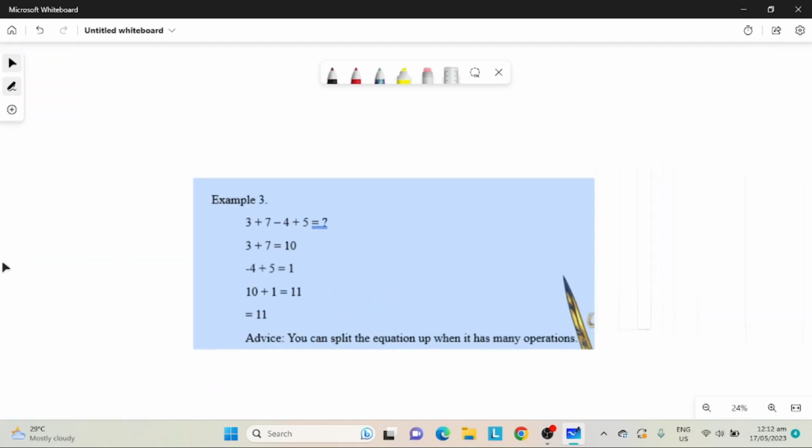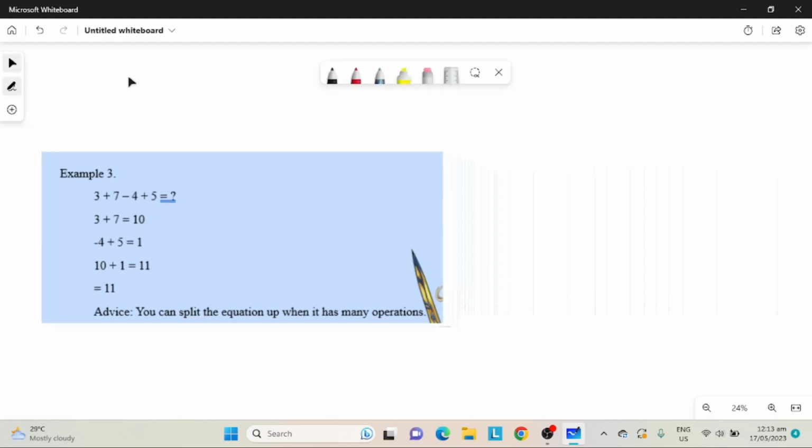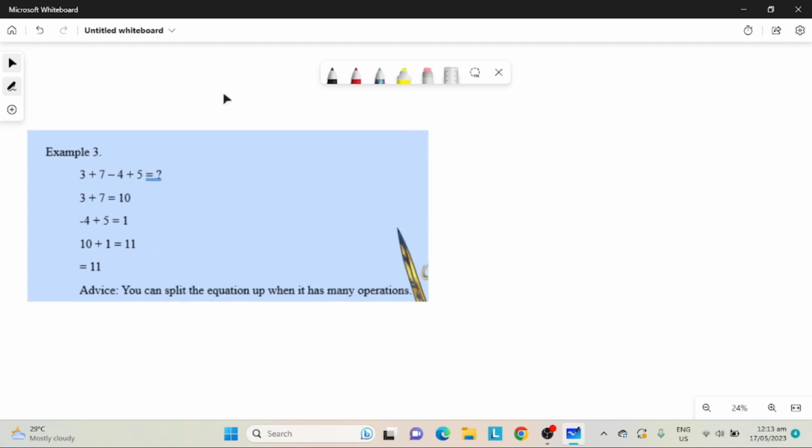Now, let's move to example number 3. We have 3 operations, 4 numbers. In this case, you students can do this method that I taught you. First things first, copy the first two numbers, which is 3 and 7, and then the operation. So 3 plus 7 is equal to 10.